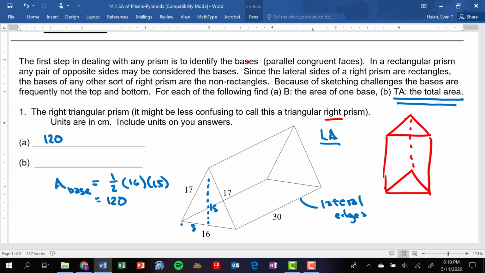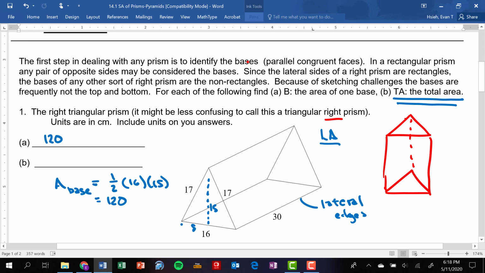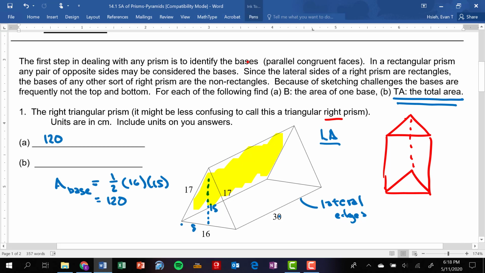To find the lateral area of this thing, remember, there's 3 portions that are lateral areas. There's this back rectangle, and that one we find by doing 30 times 17. There's another one on the front side here, like this.